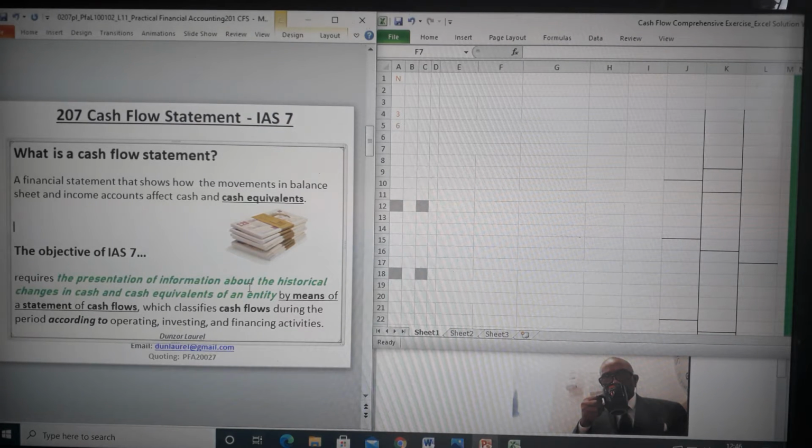So IAS needs you to prepare a cash flow statement and group them under these headings. It is good for management to know which manager, could be the operating manager, the finance manager, or the investment manager, is dealing with cash flow properly. We need to know which department is managing our cash flow properly.